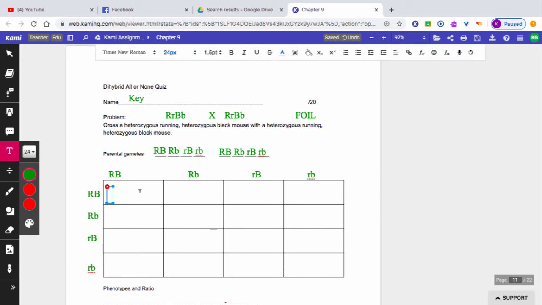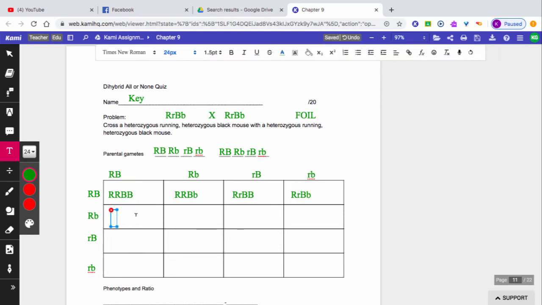All right, so now I'm going to go ahead and fill these in. Homozygous at both. Homozygous at running, heterozygous at black. Heterozygous at running, homozygous at black. Heterozygous at both traits. Okay.